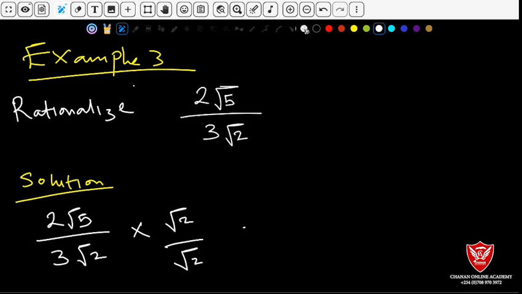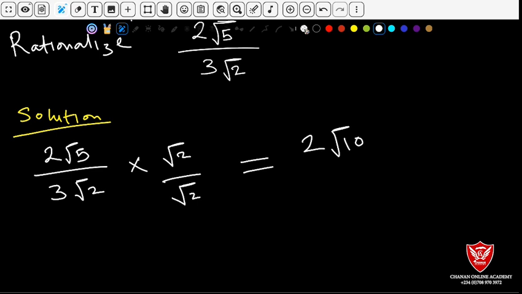Now if you multiply that, you are going to have 2 root 10, the surd multiplying the surd, 5 times 2 is 10, all over 3 multiplied by 2, because when the surd multiplies the surd it is going to be 4, and the root of 4 is 2.